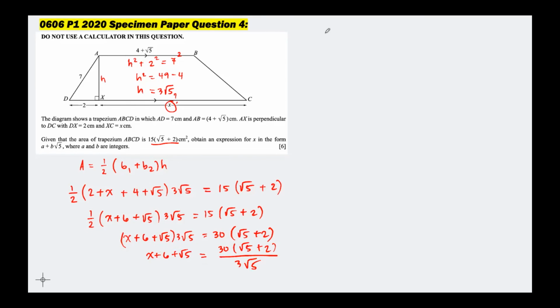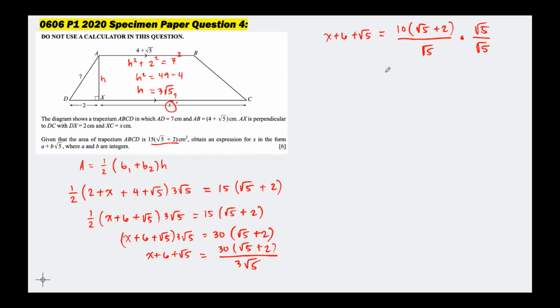So now we have x plus 6 plus square root of 5 is equal to, since this is just division, 30 divided by 3 gives you only 10. So that's 10 times square root of 5 plus 2, divided by, now we only have square root of 5, right? Since this is just a single term in the denominator, when we want to rationalize it, we just multiply by itself.